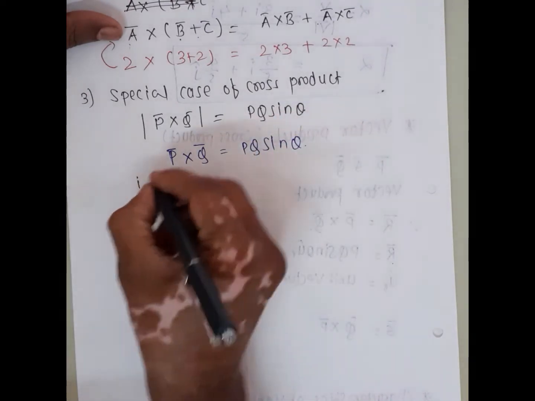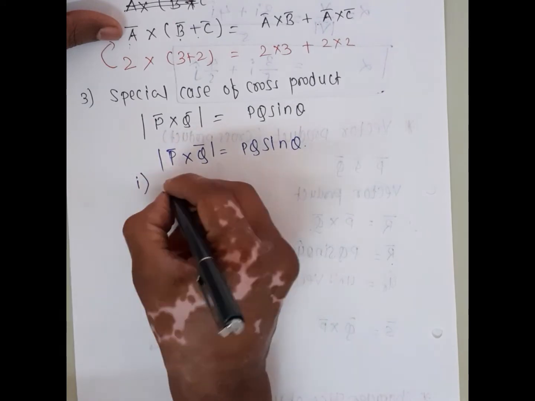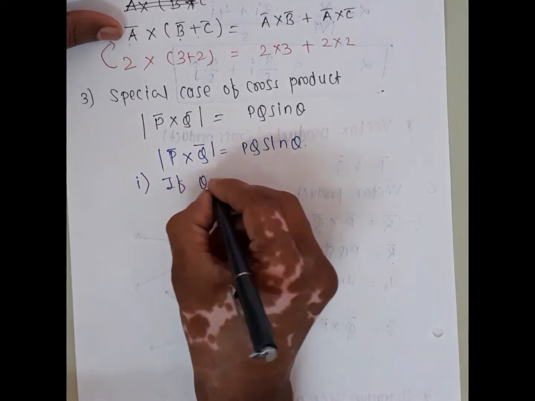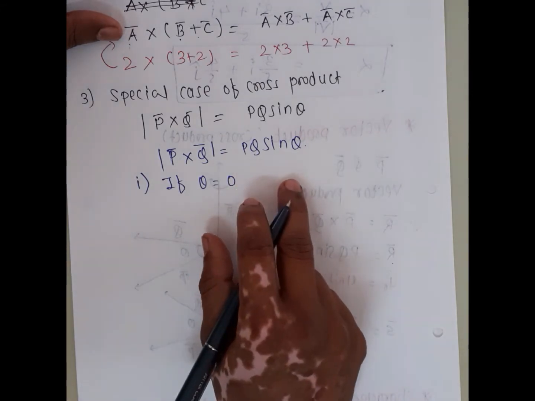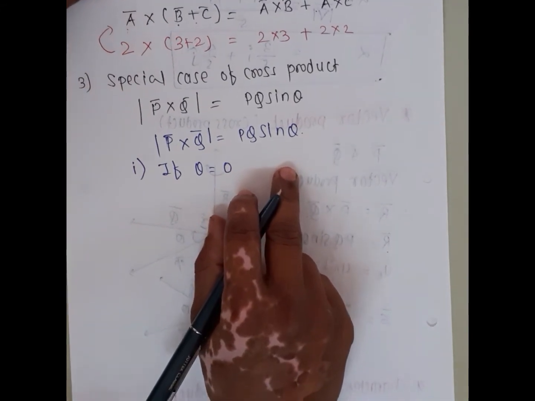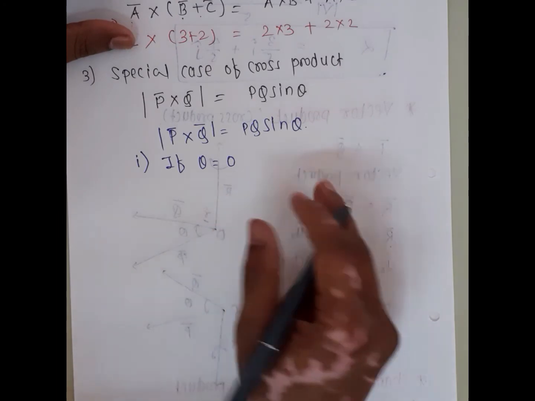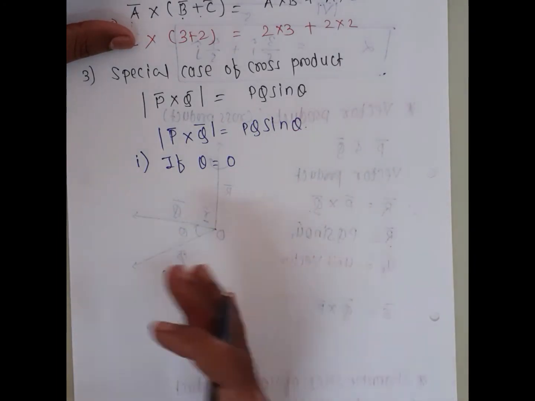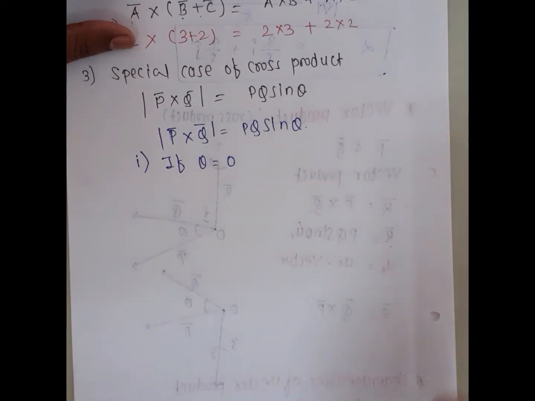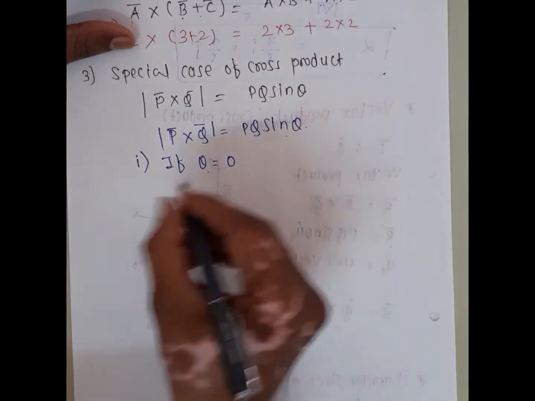First case is, if theta is equal to 0. According to trigonometric formulas, the value of sin 0 is 0, because cos 0 is 1 and sin 0 is 0. So if you put theta equal to 0, then what happens?